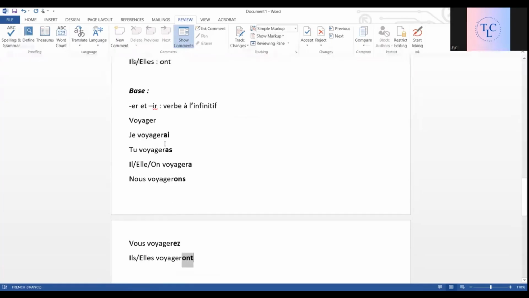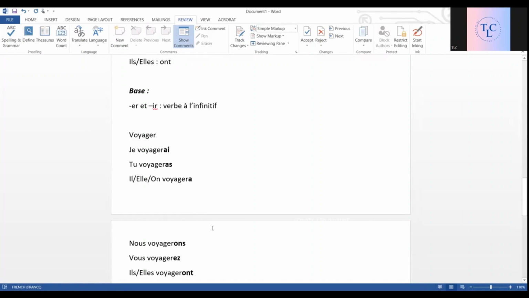So very important to pronounce it correctly. Many students skip that R. It's not voyagai. Voyagerai. So this is how we write and pronounce the verb in futur simple.